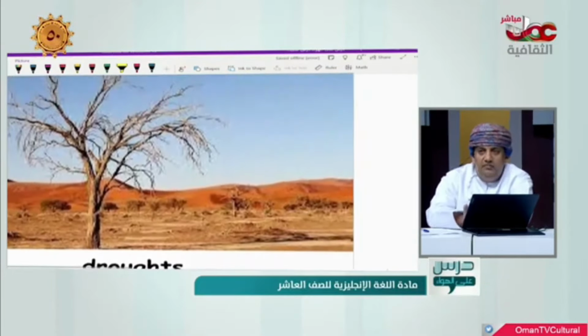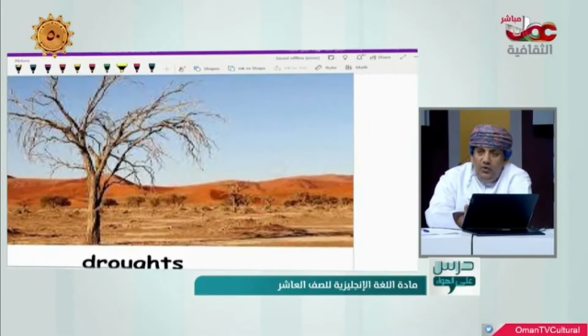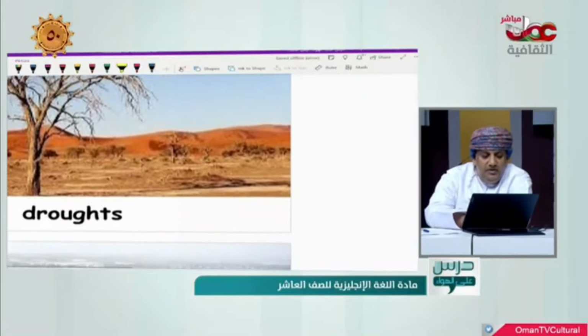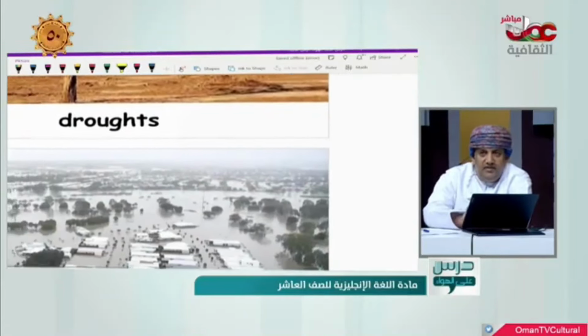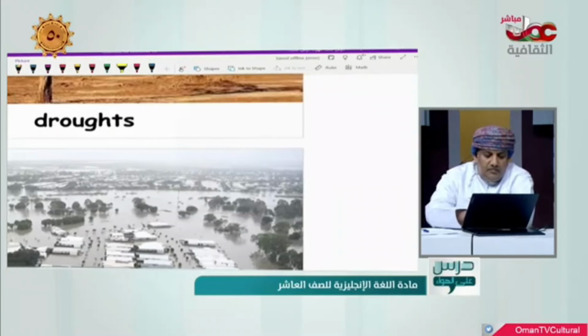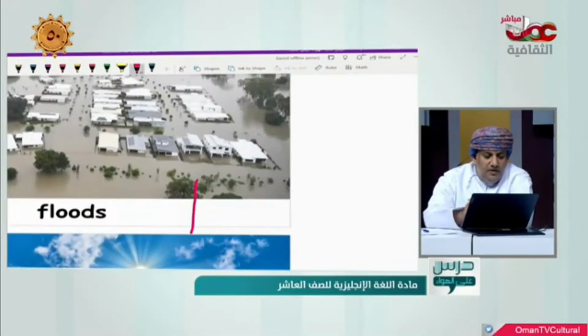The first picture. As you can see, here is a dry place with no rain and no water on it. So it's called droughts. Here, the second picture, it is flood.